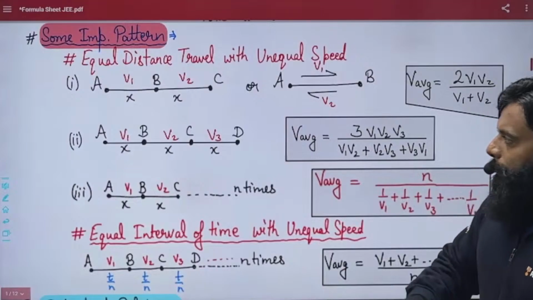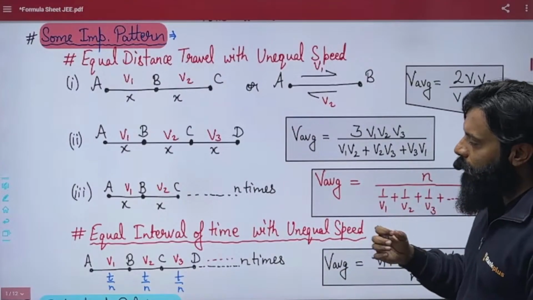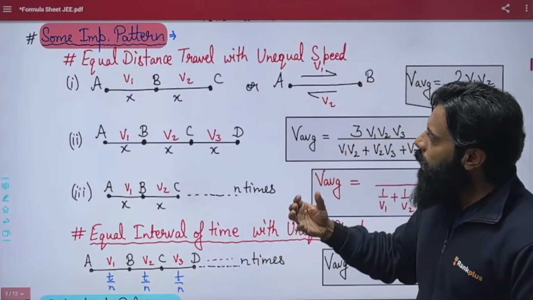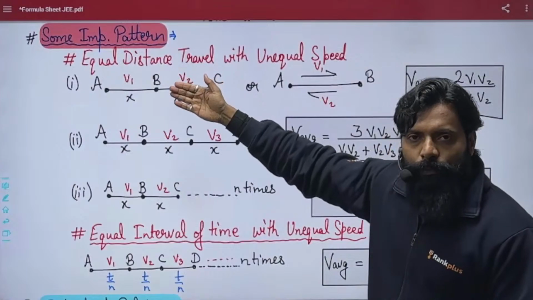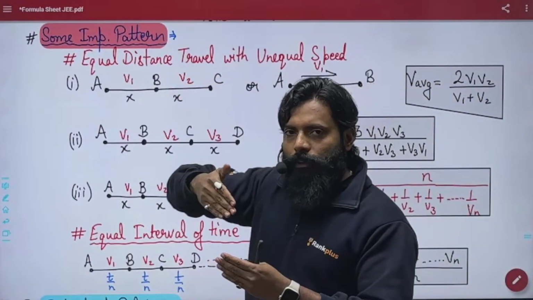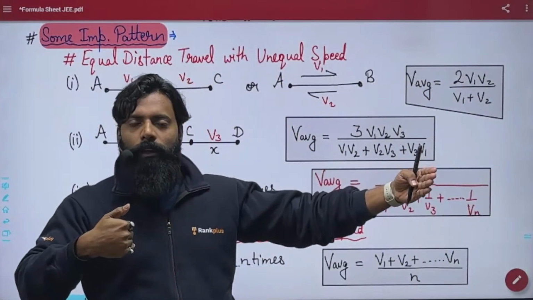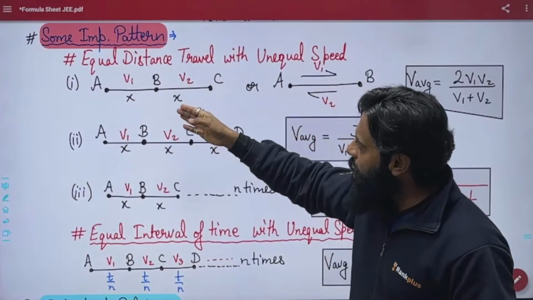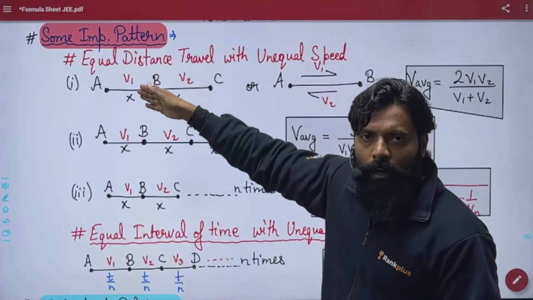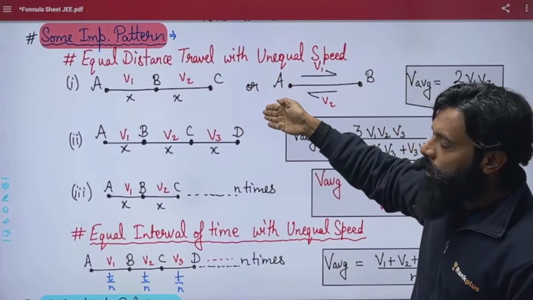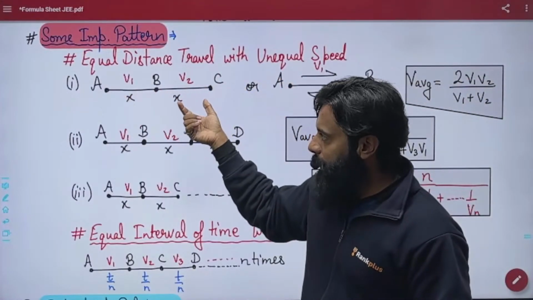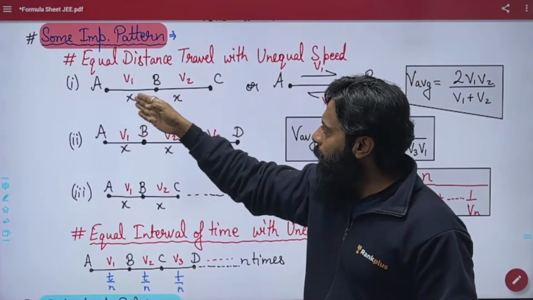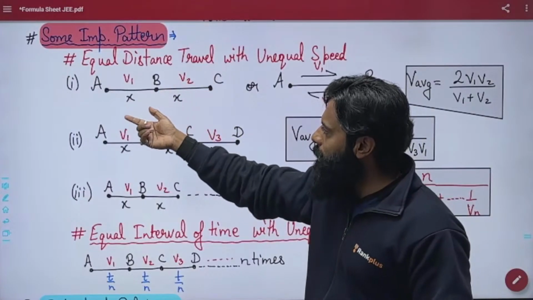These are some important patterns on which you will find questions. We can have a case where we have to travel from point A to point B, and in between we divide the distance into parts. If we divide our distance into n equal parts and travel with different speeds, like here from A to C, I have divided this into two parts, x and x.